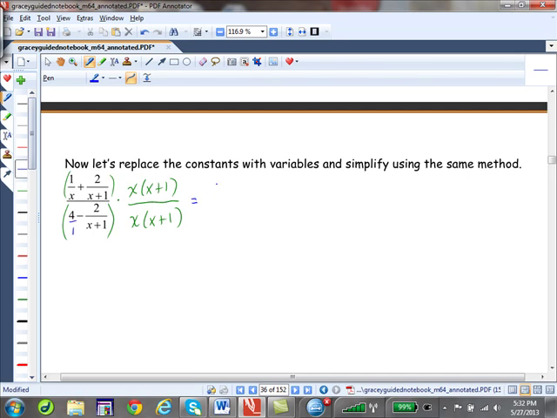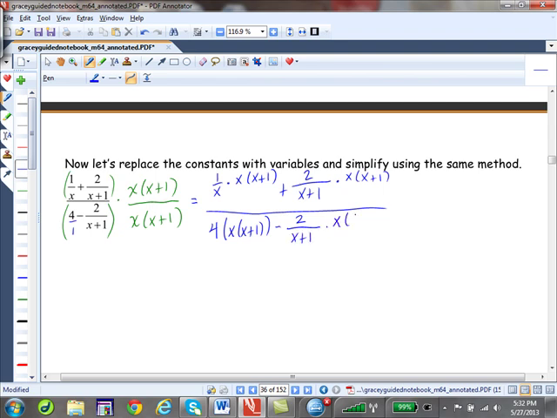We are going to be multiplying 1 over x times x plus 1, plus 2 over x plus 1 times x plus 1, all over 4 times x plus 1, minus 2 over x plus 1 times x plus 1.